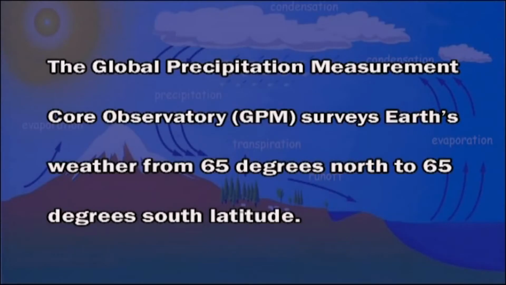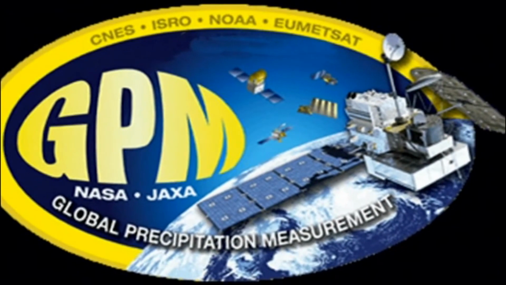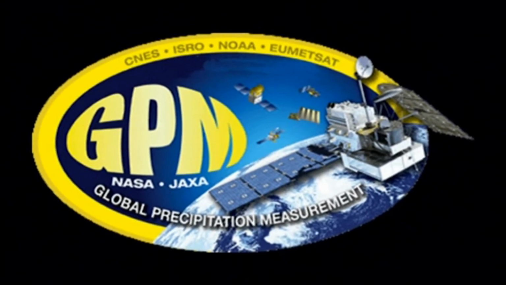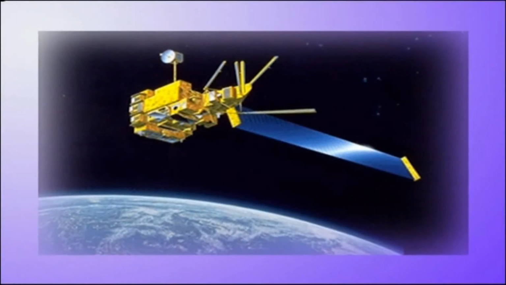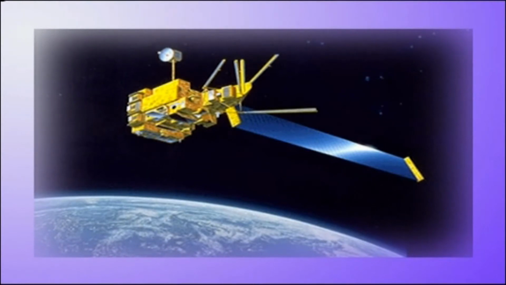The Global Precipitation Measurement Core Observatory surveys Earth's weather from 65 degrees north to 65 degrees south latitude. GPM works along with a constellation of other satellites to provide worldwide coverage.